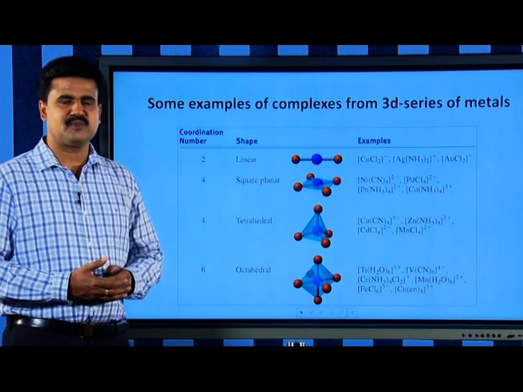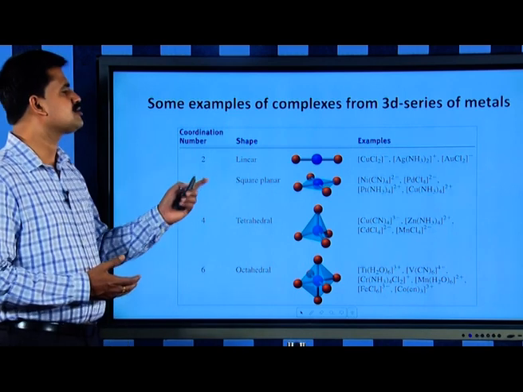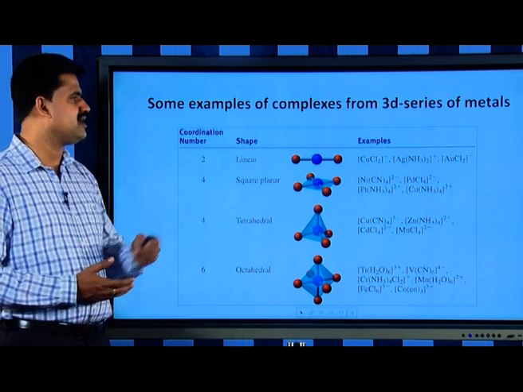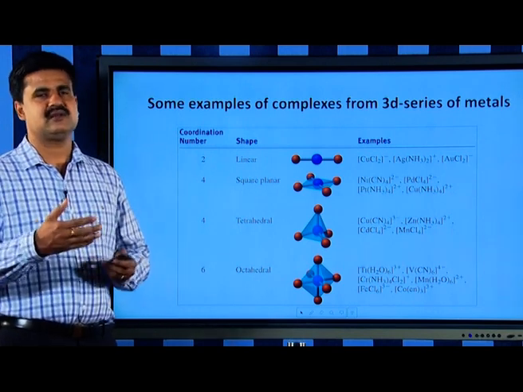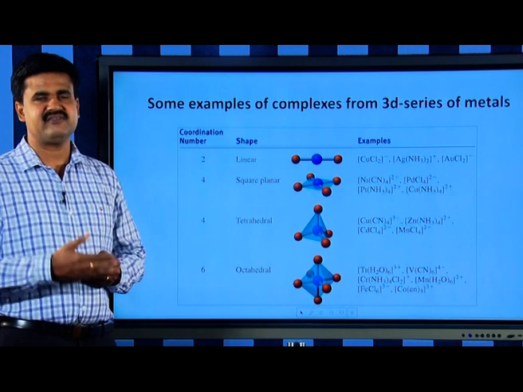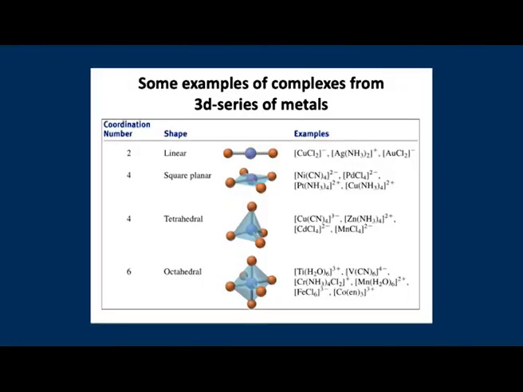Another geometry is square planar. The square planar complexes are given by nickel, palladium, platinum, etc., or central metal, 3d metal with the d8 configuration in 4 coordinate complexes prefers square planar geometry. Tetrahedral is another possible geometry with the coordination number 4.